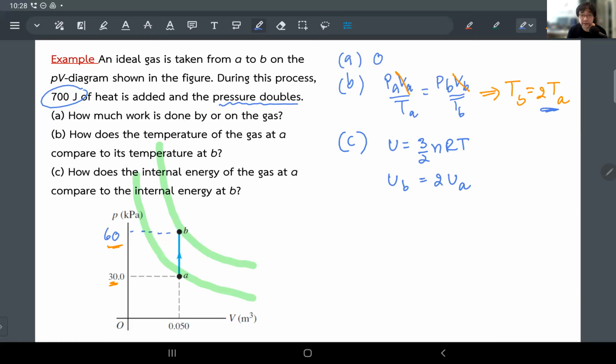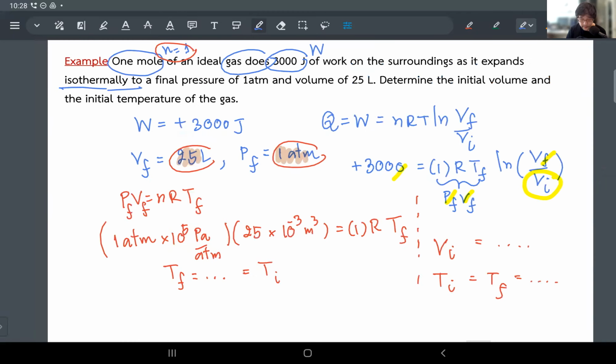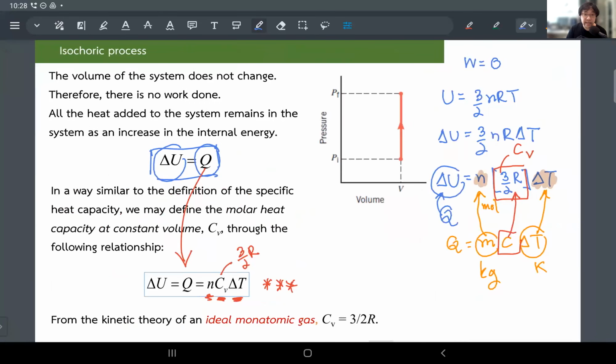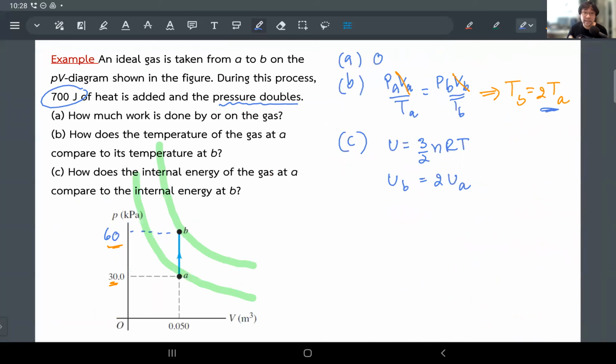Okay, looks good. But if you remember, we already discussed in detail this kind of process. It's an isochoric, or constant volume, process. So let me redo everything one more time, systematically, starting from the first law of thermodynamics all the time.